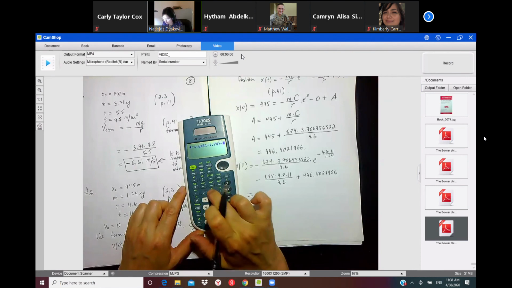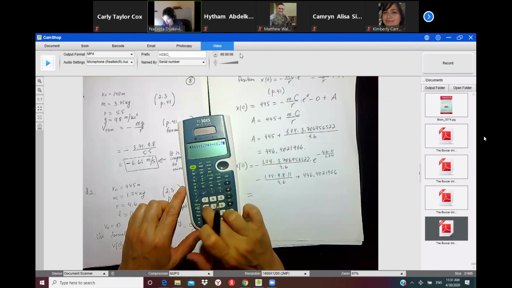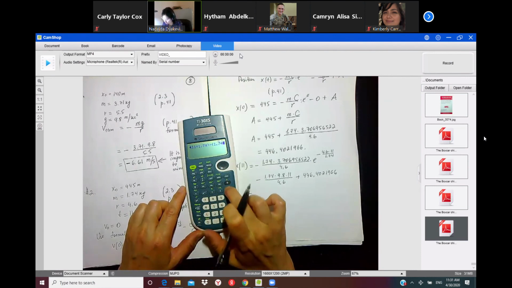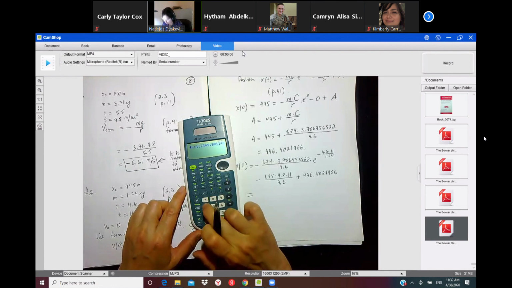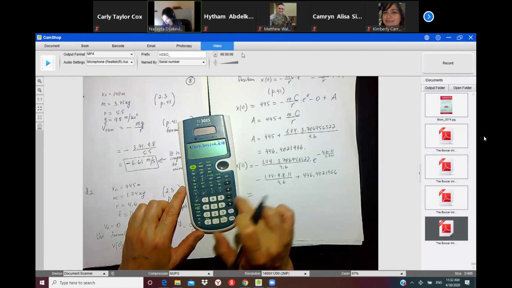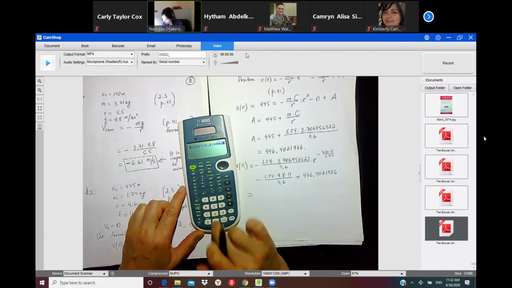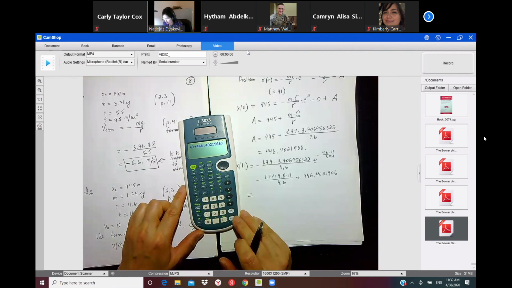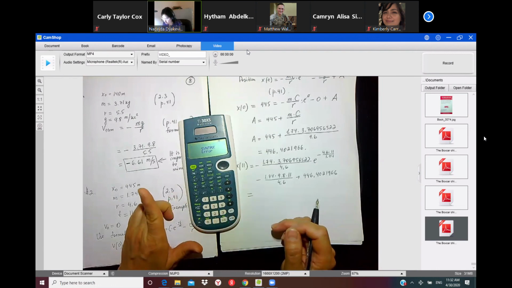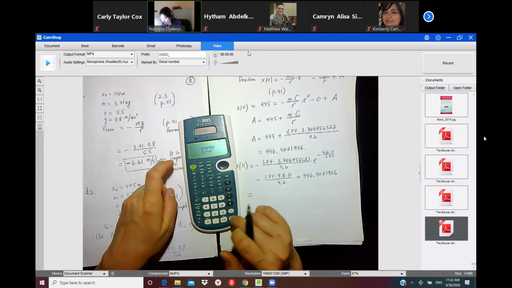And again, I'm going to open parentheses just in case. 1.74 times 9.8 times 11 divided by 4.6, close parentheses, and then plus 446.4021966. So close that. Well, there's an error, so I have to go back.